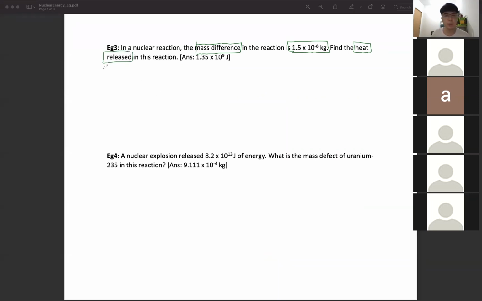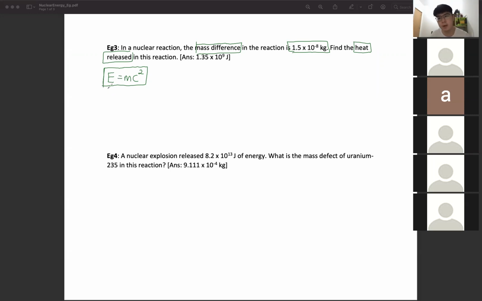So what do we use here? We use the very famous equation, E equals mc squared. This equation was found by Albert Einstein through decades and decades of hard work. He came up with this very short formula that explains almost many of the things.